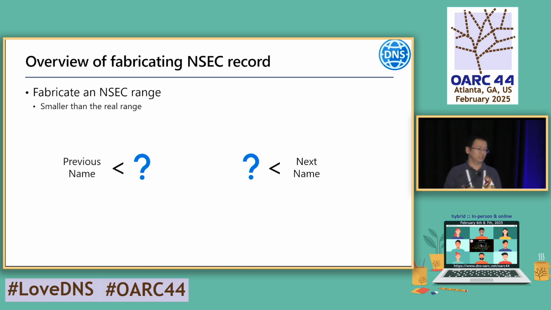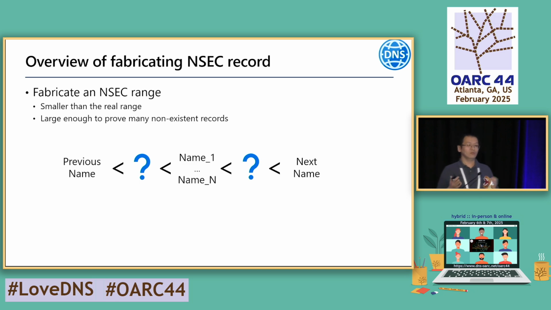The smaller range is still a valid range. This range should also be large enough to cover many non-existing names, so that this NSEC can be used in many responses. And the RRSIG for the NSEC can also be cached in memory.